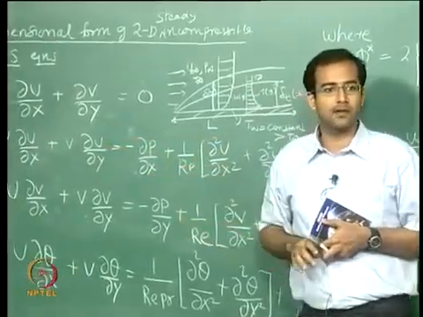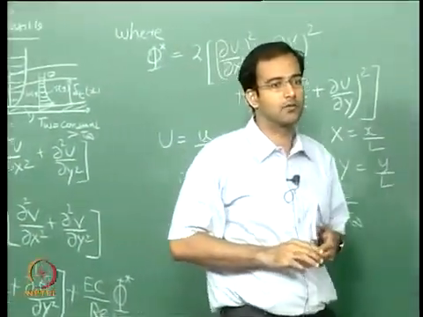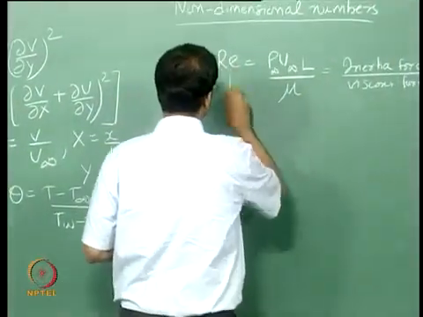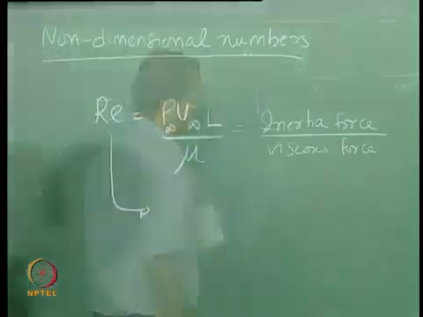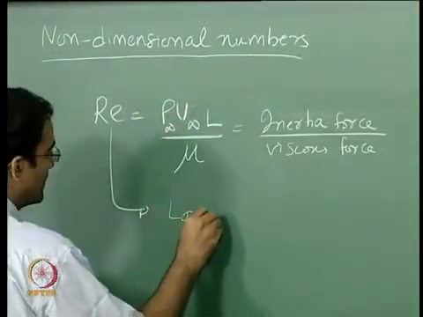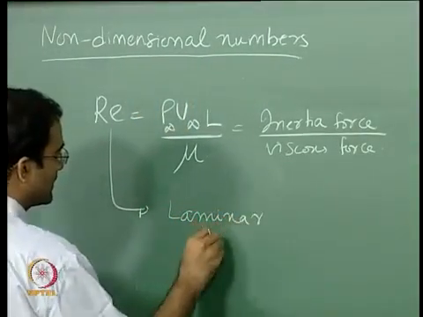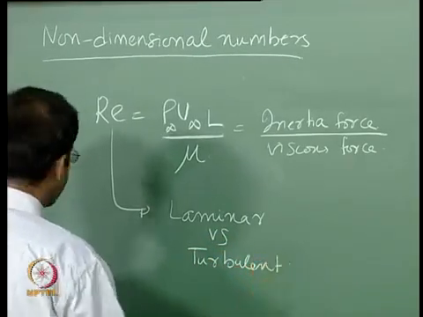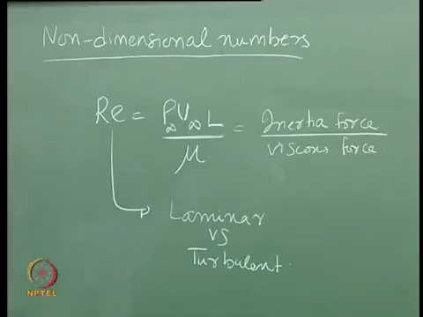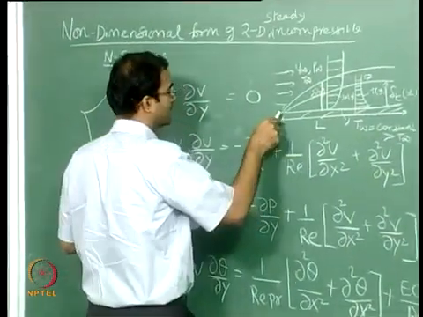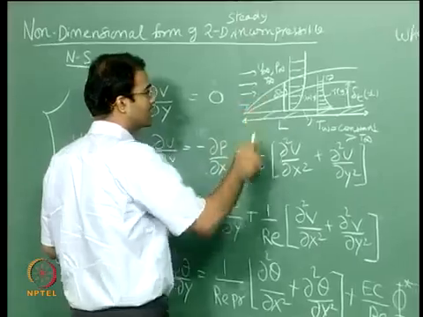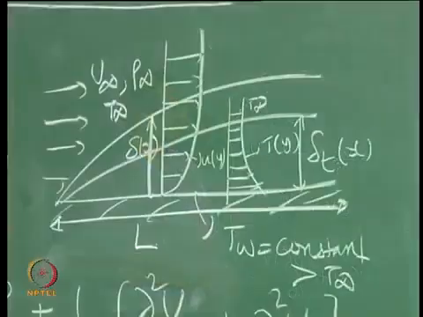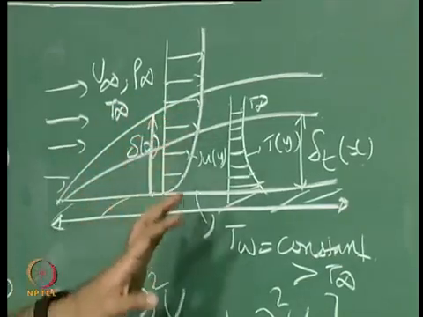However, the Reynolds number will also be helpful in classifying the flow regime. Depending on the Reynolds number, you can classify external flows, for example, as laminar versus turbulent. If you take the example of a flat plate, as you start from the leading edge, initially it could be a laminar boundary layer, and after a certain extent instabilities start appearing.